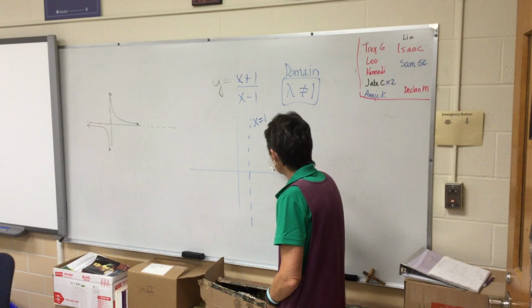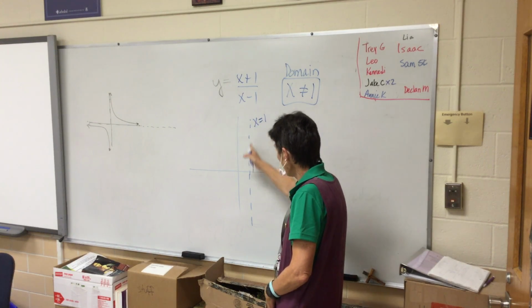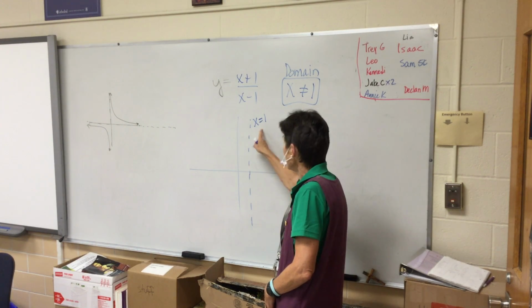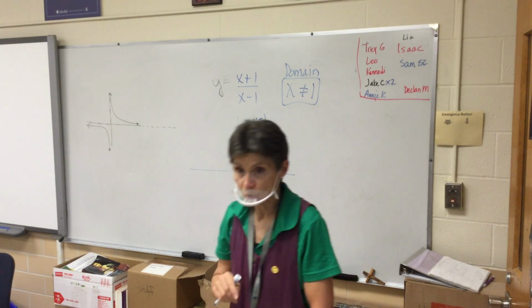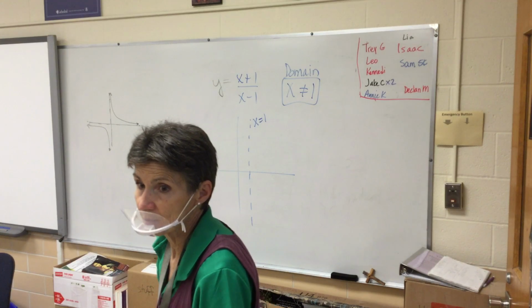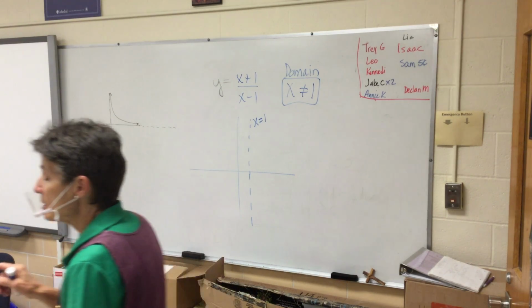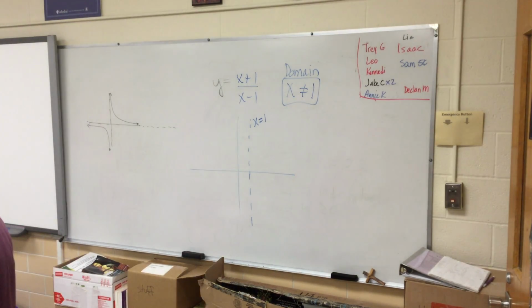Here's where x is 2 and 3 and 4. That line, x equals 1, is my vertical asymptote. Why is it there? Because you told me the domain was x can't be 1, and whatever you say x cannot be, that is your vertical asymptote.